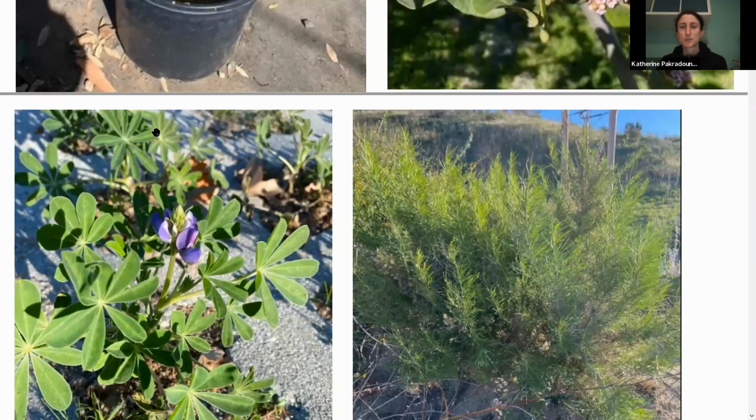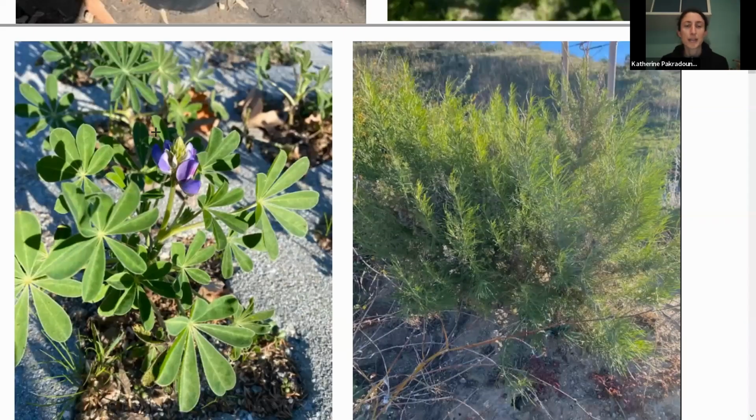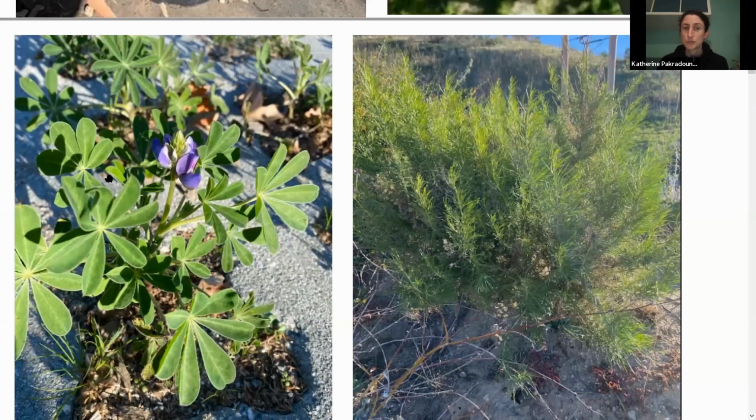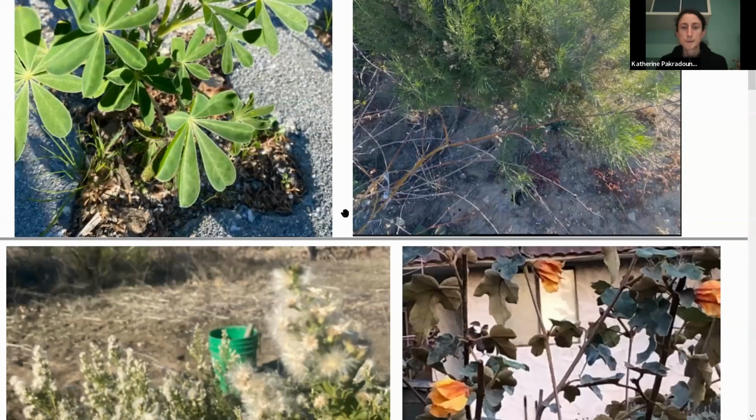Okay, so you may see some of your photos in here. We have an annual Arroyo lupine in this here. We have the beautiful California sagebrush here, very aromatic. So if ever you go hiking and you rub up against this plant, you can definitely identify it just from the scent.